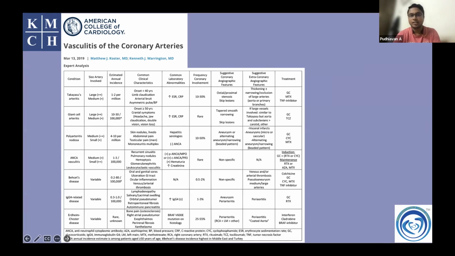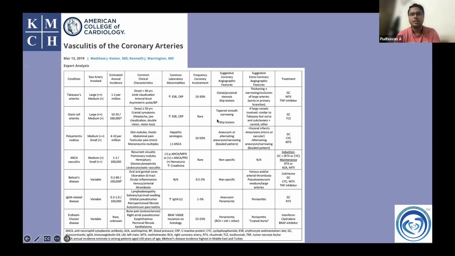So the other vasculitis that has to be considered, especially in adults, are Takayasu's arteritis, when the onset is less than 40 years. It shows an increased ESR and CRP, and it is more prone to involve the ostium and proximal segments of the vessels.